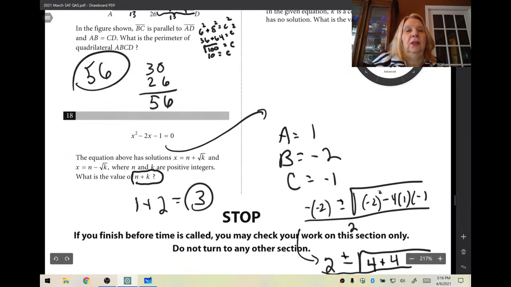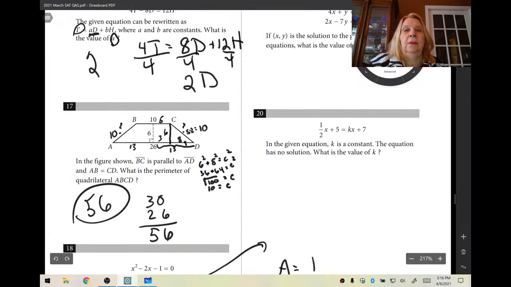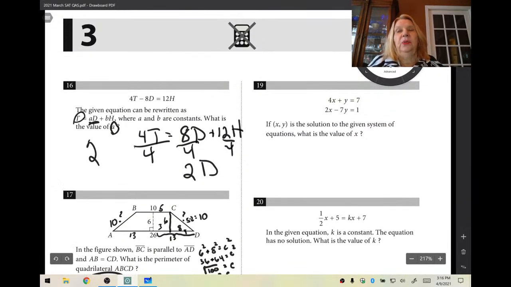So let's go on to 19. Okay, so we did a lot of systems. They're all over the test too. So we're trying to find x. So what we're going to do is eliminate y by multiplying this through by a minus 7. So that'll give us negative 28x minus 7y equals... Just positive, though.